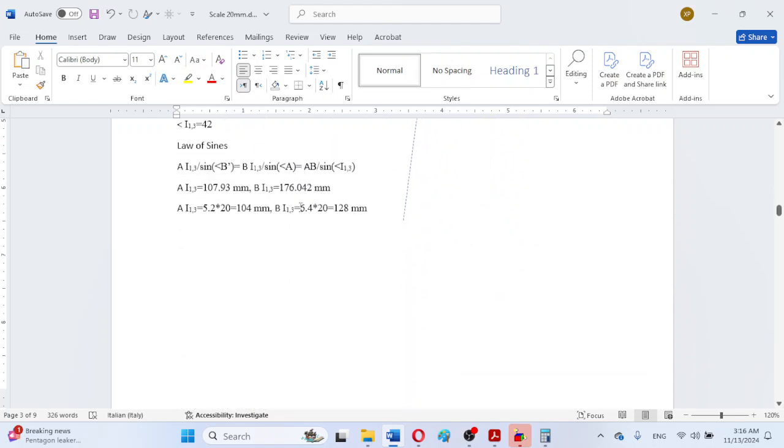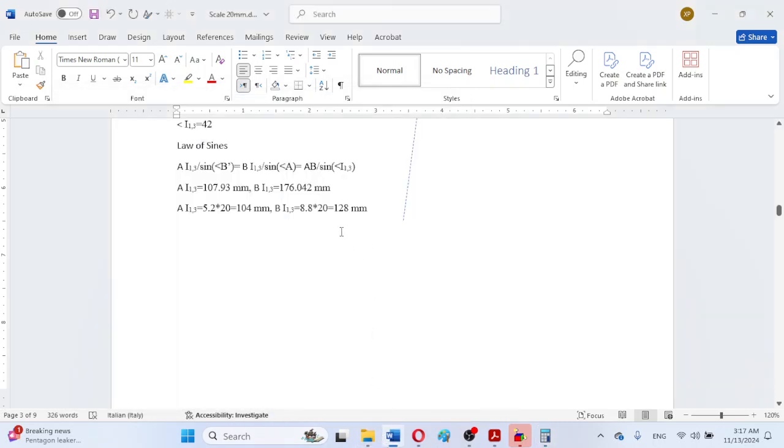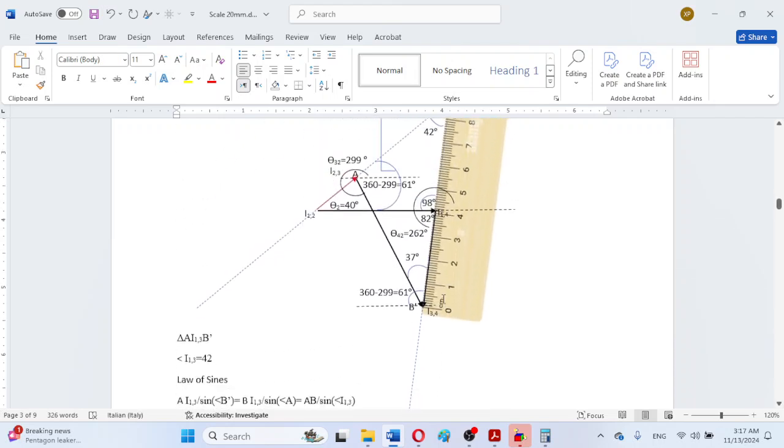So 8.8 multiplied by 20 comes out to be 176, and our result is exactly equal to 176. So that means our results are 100% correct. In this manner BI13 has been calculated.